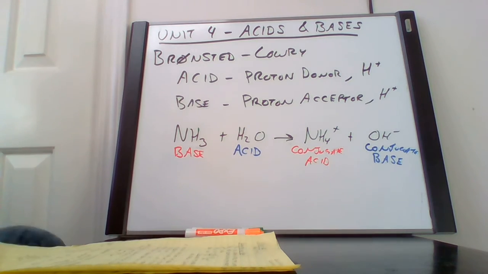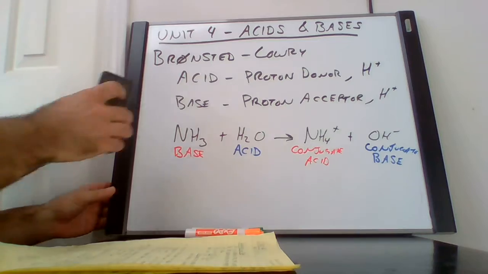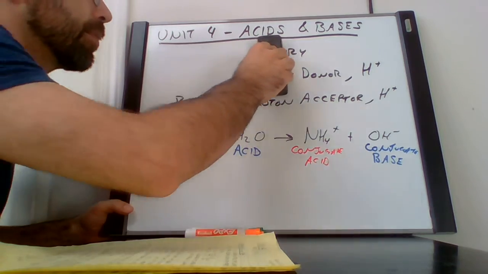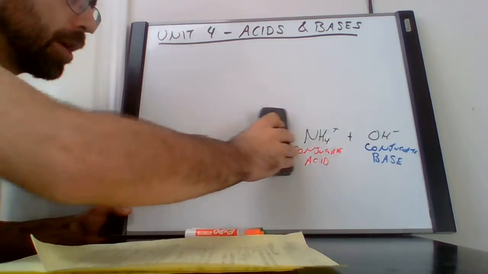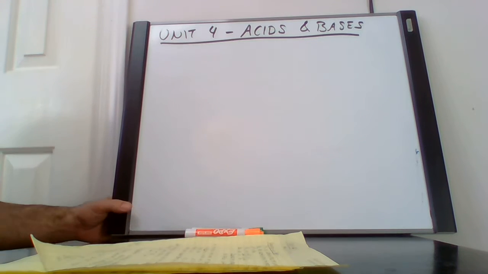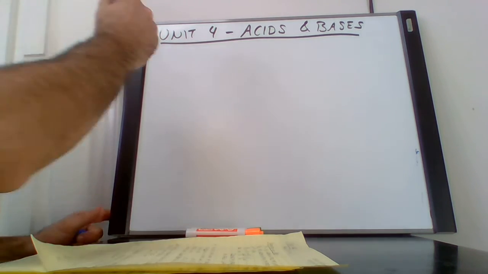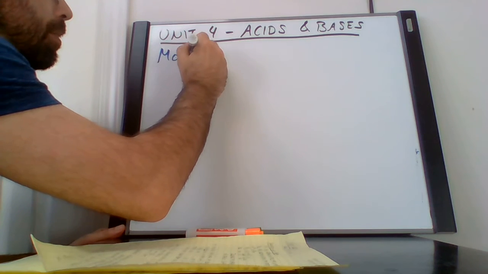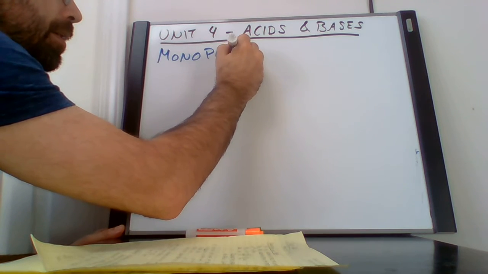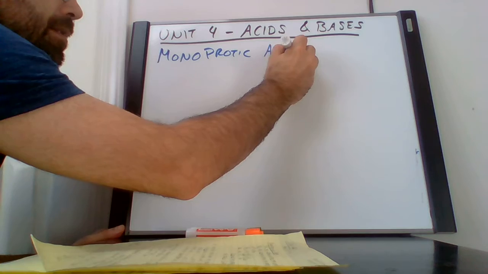Now, after we talk about these, the new definitions of our Bronsted-Lowrys, okay, we start talking about these different acids, because we're talking about this proton donor. Well, things don't necessarily have to supply just one proton. We can provide more than one proton, okay? And so what we're talking about here is we have this monoprotic acid, okay?